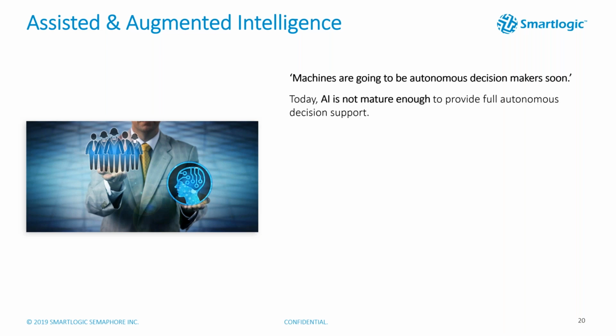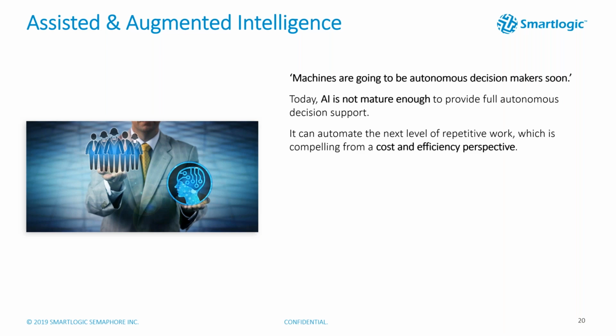AI is not mature enough to provide full autonomous decision support. I think we know that. And at Smartlogic, we think the A should actually stand for either assisted or augmented, and there is a chart coming up, but it's definitely not artificial. We believe it can automate the next level of repetitive work, which is compelling from a cost and efficiency perspective.